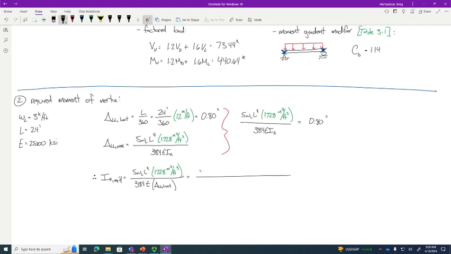So we've got a big old fraction. 24 feet to the fourth power, don't forget that. So we have this calculation here, so tell me what we get for Ix required.